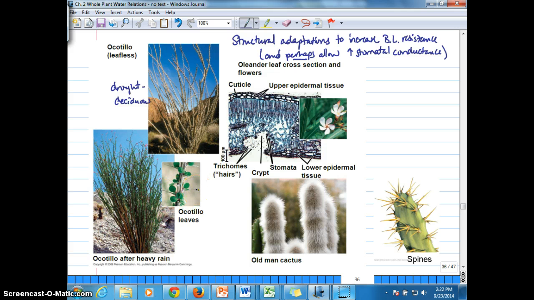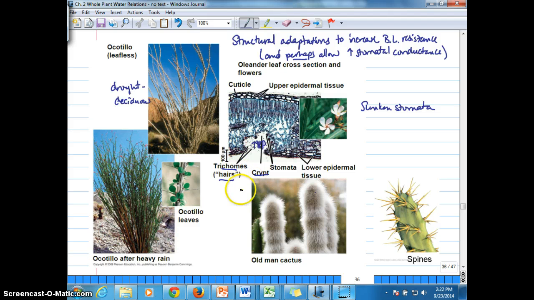Another adaptation is these sunken stomata, where they are found in crypts, as you can see here, and that's going to elevate the vapor pressure, VP here, and therefore reduce the diffusion of water vapor.